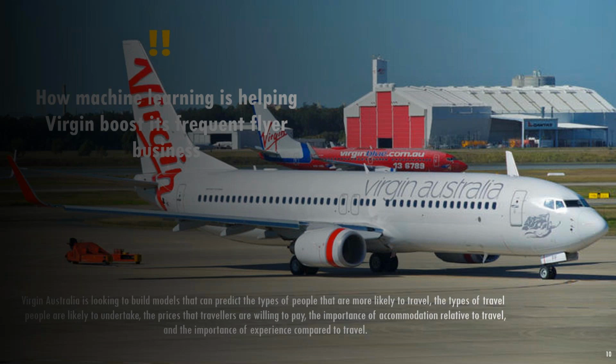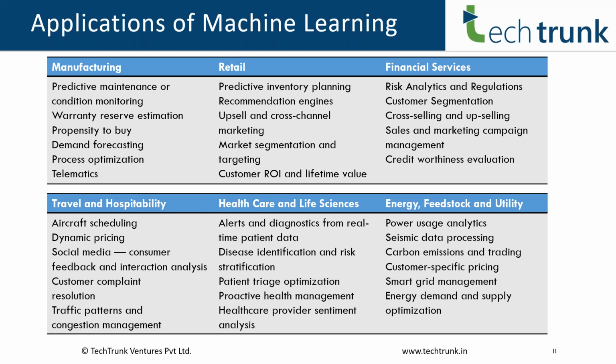Other than that, talking about applications, Virgin Airlines have been using machine learning for predicting who are the more targeted users to be connected with for buying tickets, who are more likely to travel by airways, or who are more likely to book a hotel room for rent.